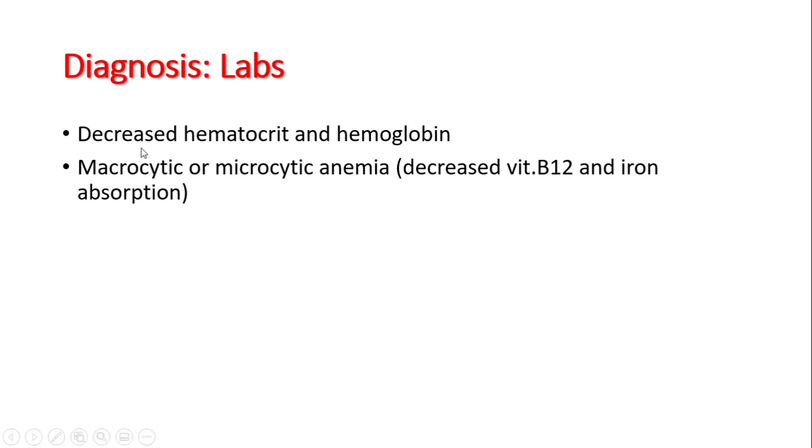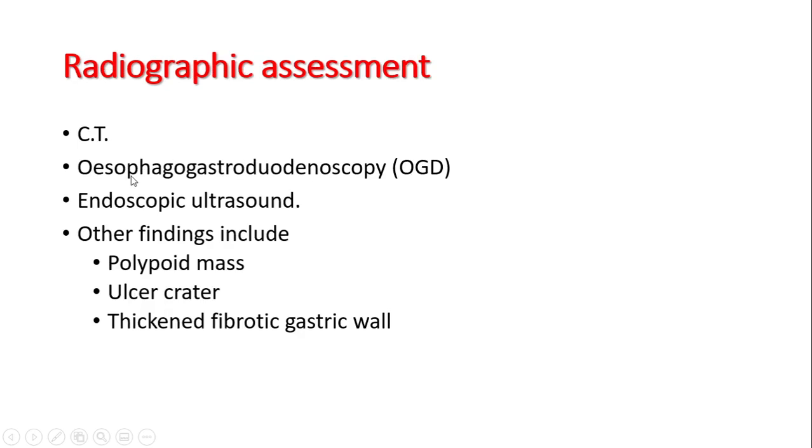Laboratory diagnosis: decreased hematocrit and hemoglobin due to anemia, macrocytic in B12 deficiency or microcytic in iron deficiency anemia. Radiological finding: CT scan demonstrates a mass infiltrating the wall of the stomach.